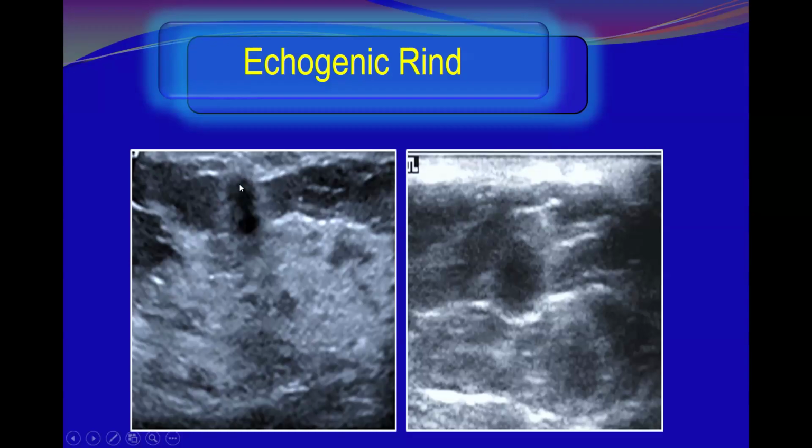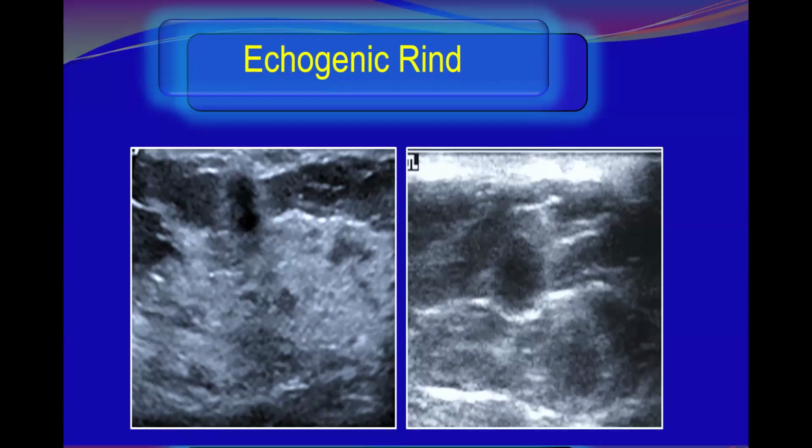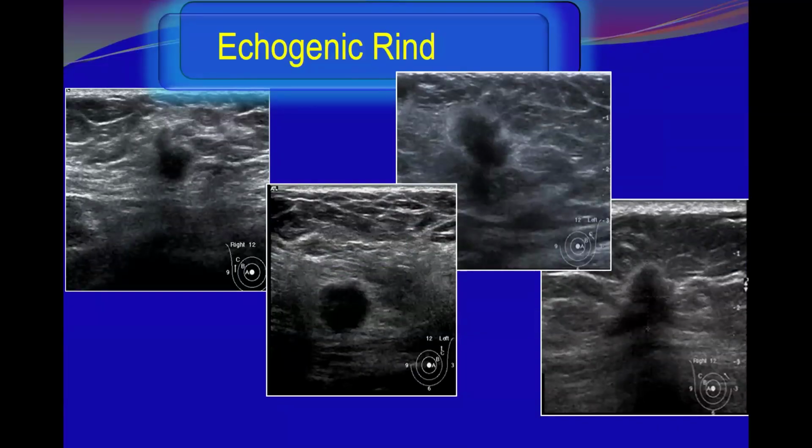Her mammogram revealed an oval mass, and she was only 28, but on ultrasound it is non-parallel with this hyperechoic rind, okay? And there is retraction. Look at the skin retraction here. So I reported it as suspicious, BI-RADS 4C, and it was proven to be an invasive duct carcinoma, okay?